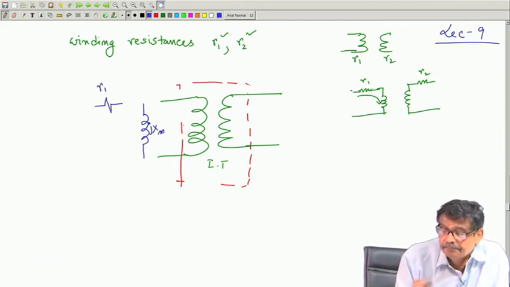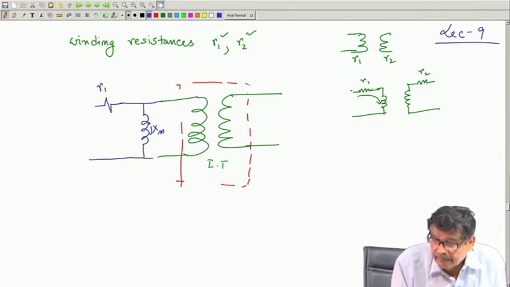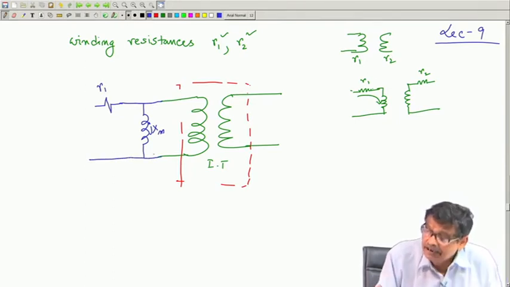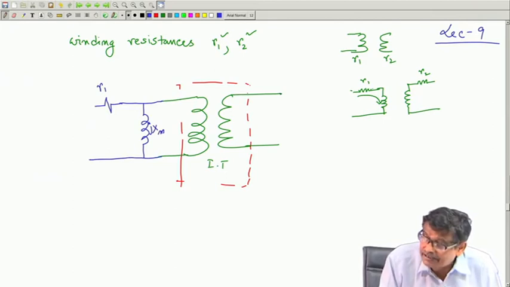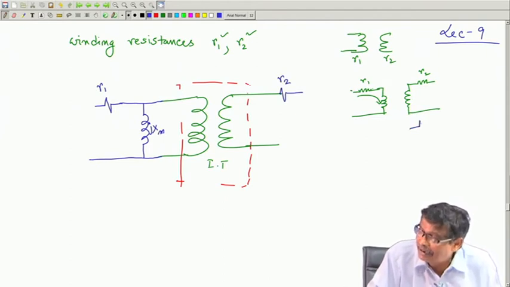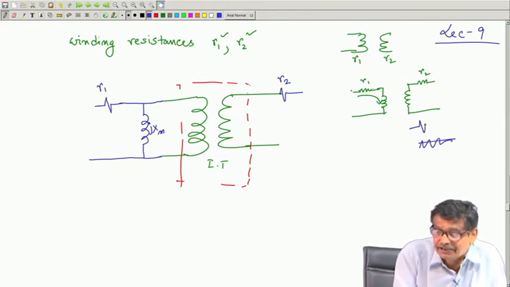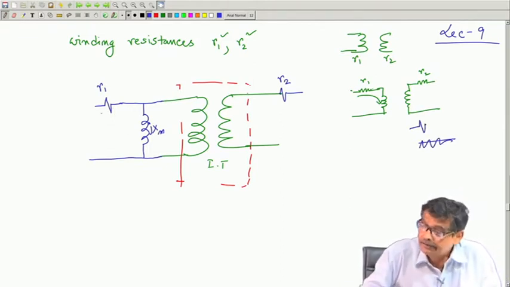J X m. Similarly here, of course, there is no magnetizing branch, R 2 simply comes here. I have shown only one way, I am showing not like this resistance, because these resistances are small, it only indicates that okay, small resistance in series.